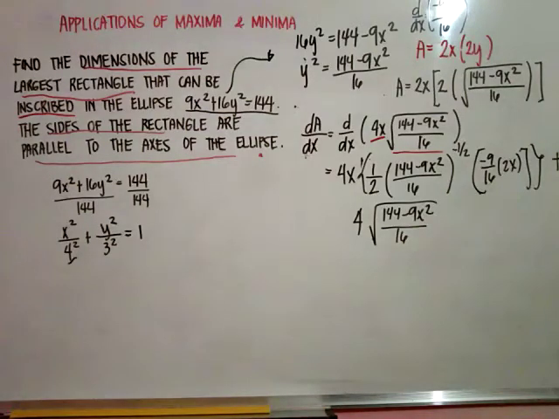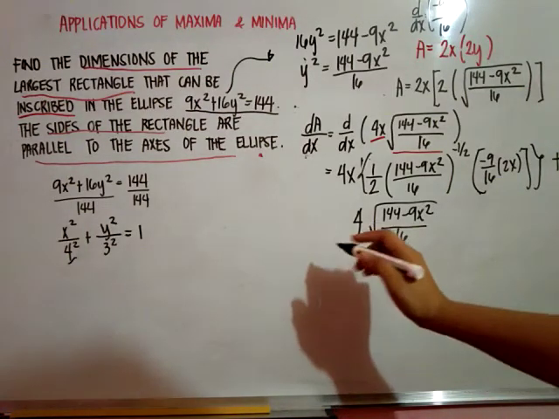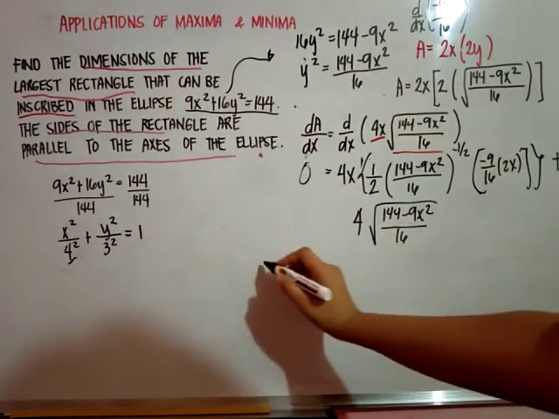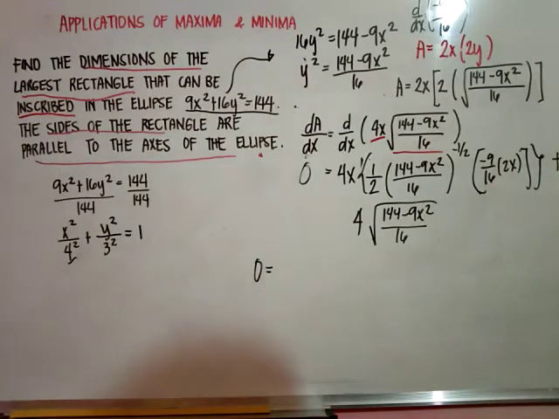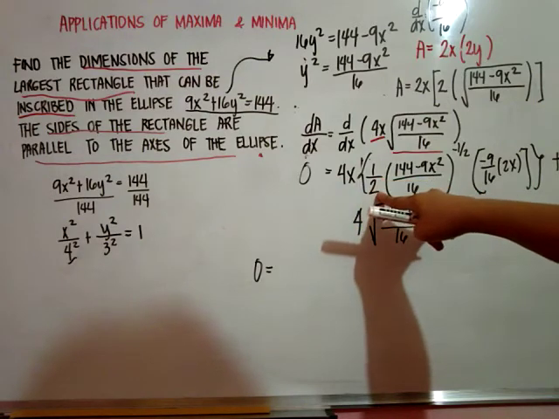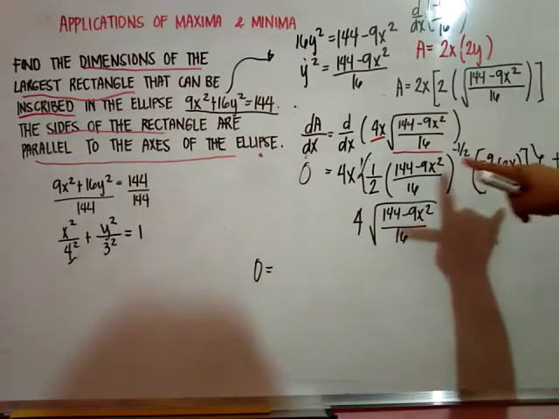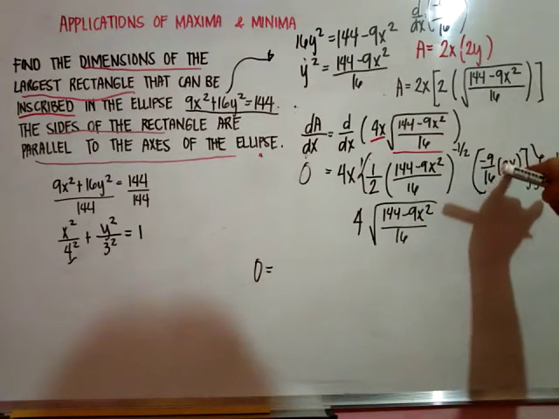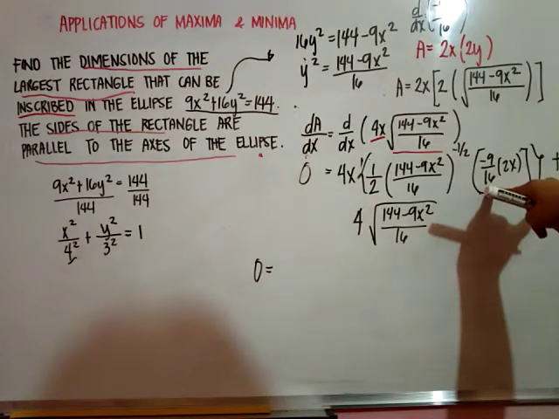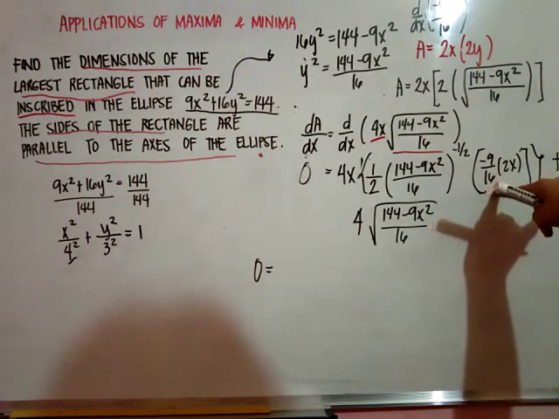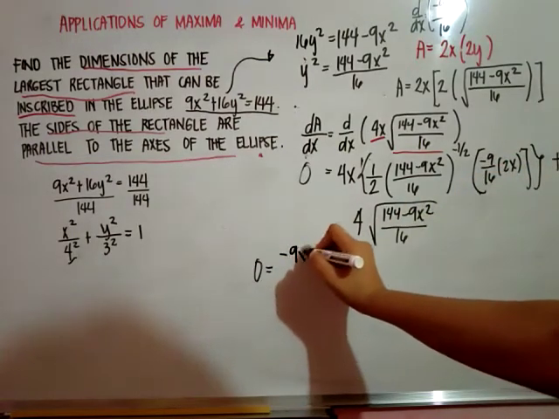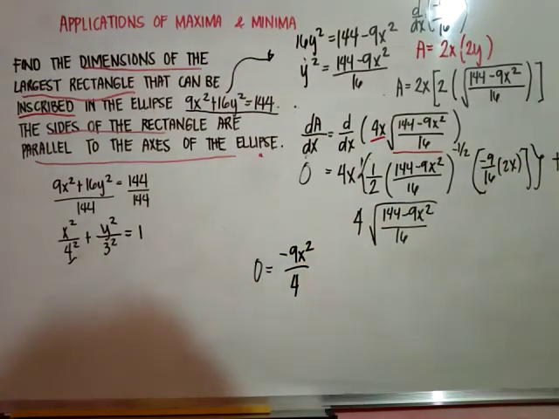So, when we simplify this, and equate it to 0, 0 is equal to, we have 4x times 1/2 is 2x, 2x times 2x is 4x squared, and dividing by 16, 4 remains below, so we have negative 9x squared over 4.